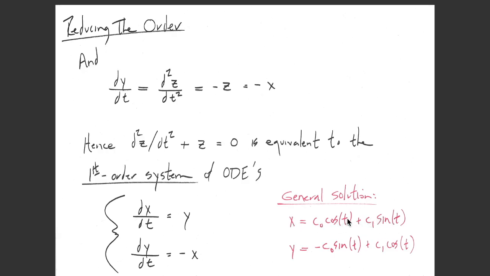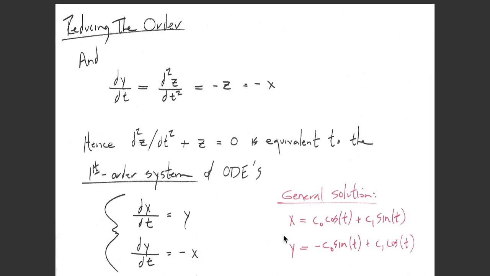Remember, x was equal to z, so it's not surprising that the solution for x is the same as the solution for z that we saw back in the very first couple of slides. And then y has this form here. So we do have a solution to the system, and the solution of the system means two functions, the solution for x and the solution for y.